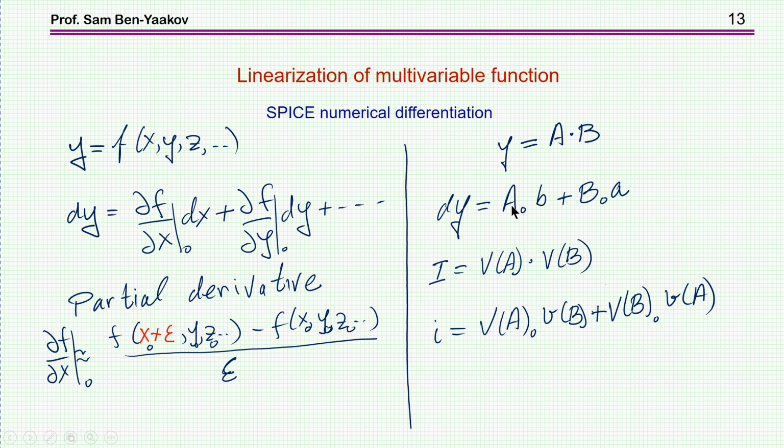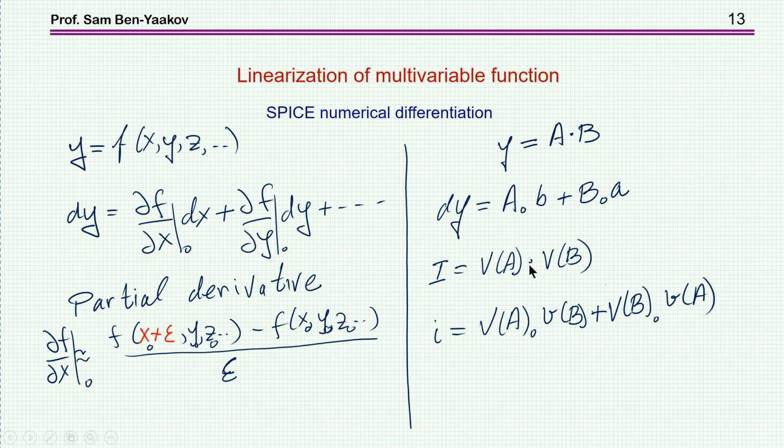In the case of, say, a product, we have two variables here. It'll be the partial derivative with respect to, say, b, so it'll be the DC component, or the operating point component, of a times small b, plus the operating point of b times small a.